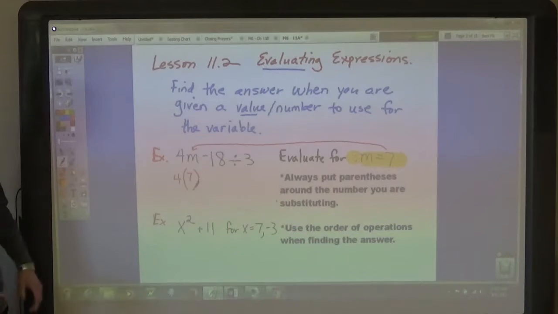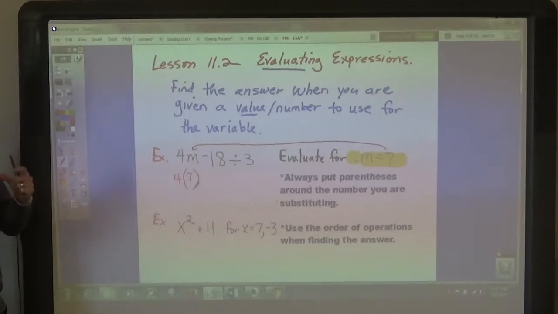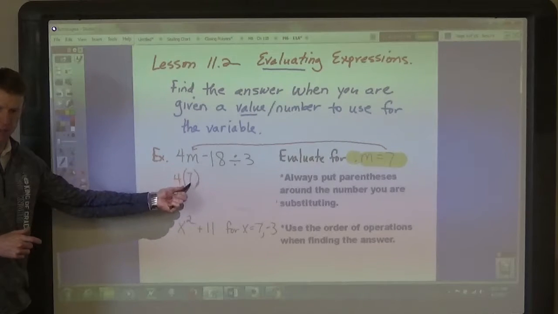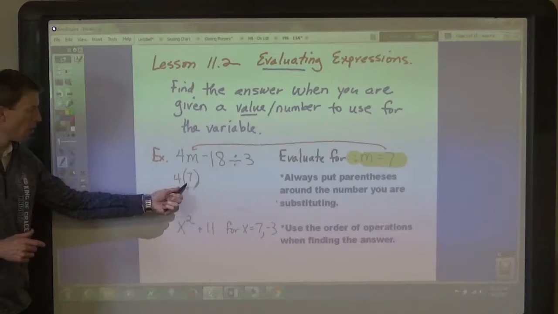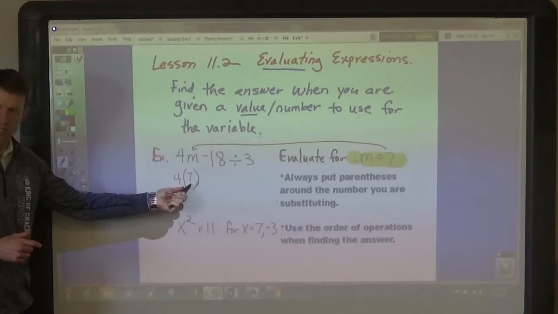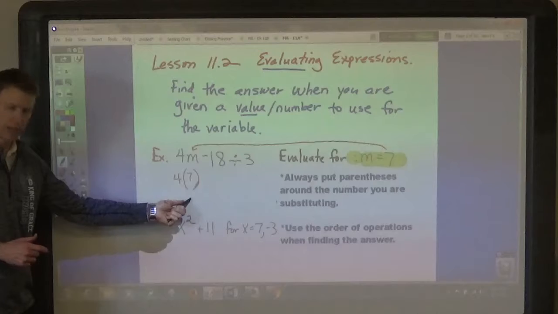Okay? Now, whenever you are substituting, always put the number in parentheses. Use parentheses when you are substituting a number in place of a variable. Okay? Always put the number that you're substituting in parentheses.